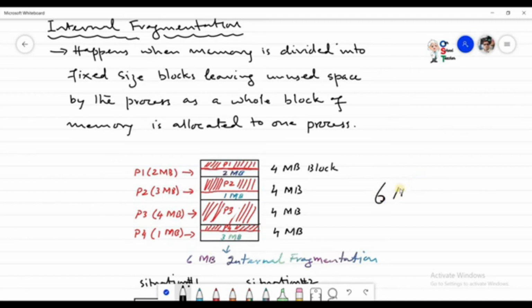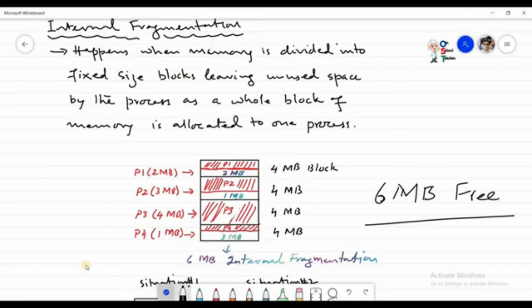But it cannot be loaded because the space is not contiguous, right? And one block cannot be shared by two processes.